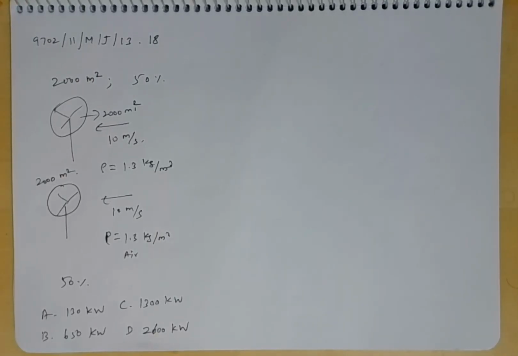Since this is volume, rewrite this volume into area into length. Now you get mass is density into area into length, right?